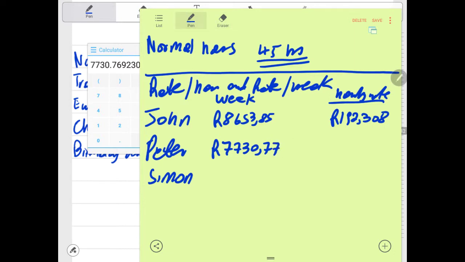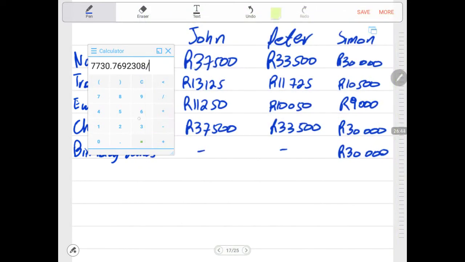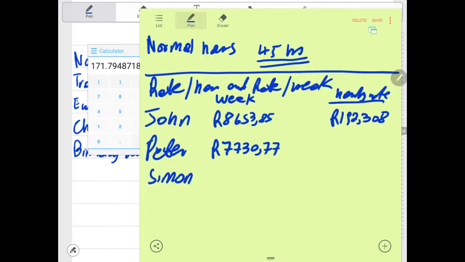We divide this by 45 hours in a week, because the wage is for the week. This will give us 171 rand 795. This is the rate per hour, hourly rate or rate per hour.